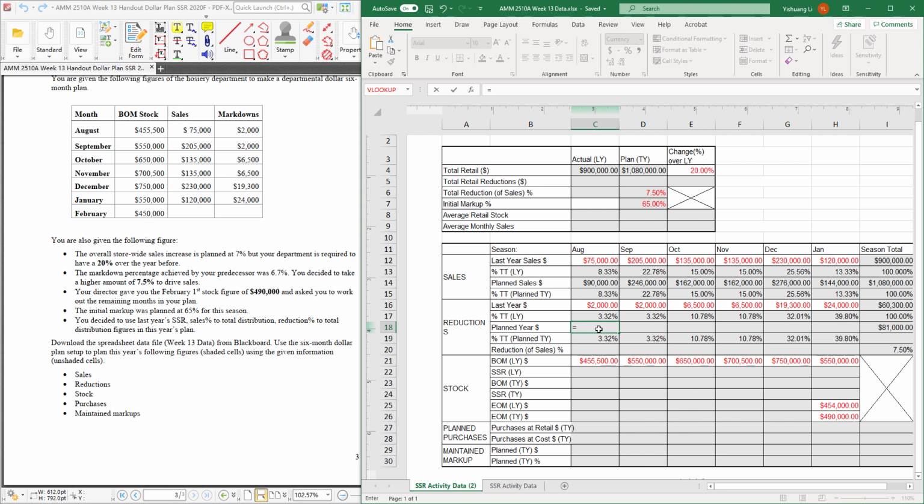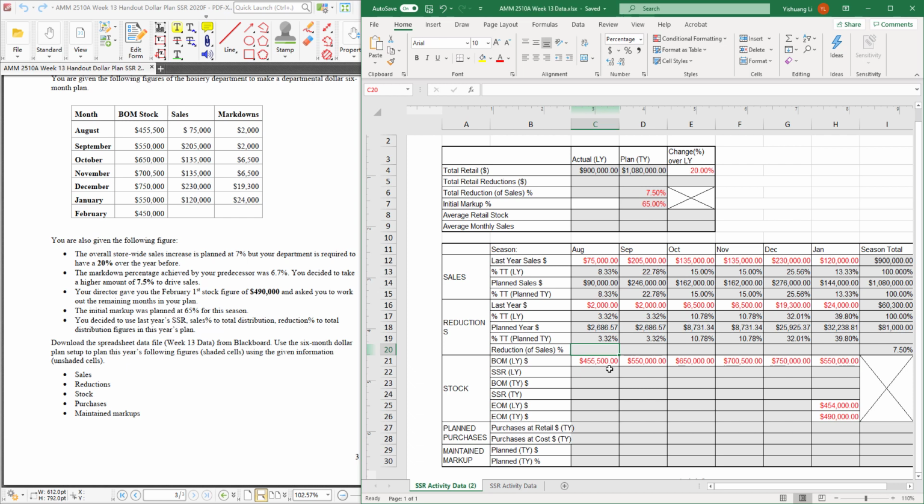Since we know the distribution, it's quite easy: we can multiply the monthly distribution by the season total to get the monthly dollar. Again, we apply this formula to the row.